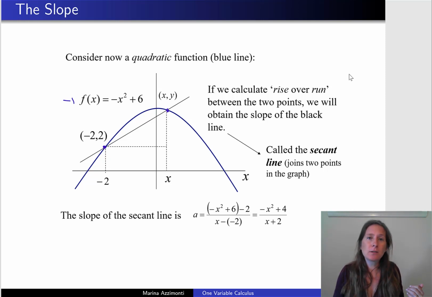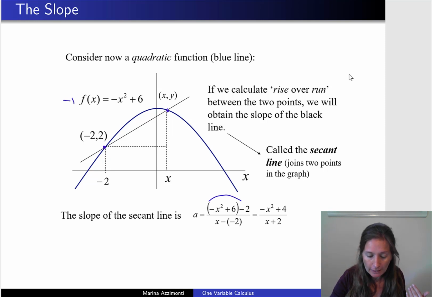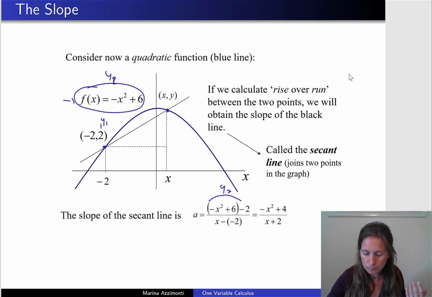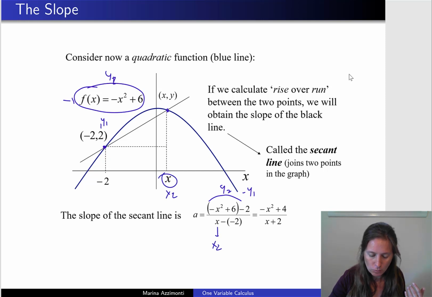Now, the black straight line has a well-defined slope, which we know how to compute as the change in y when you change x. Basically, this is y2 minus y1, which is equal to 2, over x2 minus x1, which is minus 2.